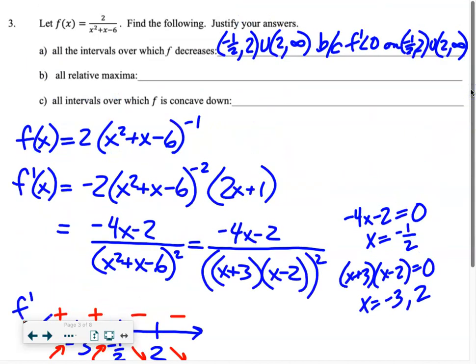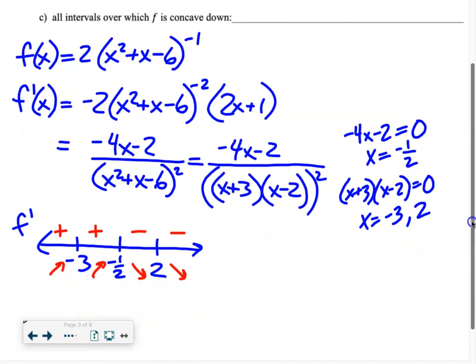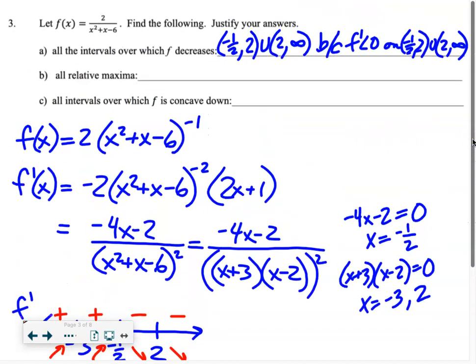All right, relative max. So the only relative max occurs at x equals -1/2. Hey, a relative max is a what? How do we write a relative max? It's an ordered pair. Now, I accepted a y value for this only because I know that WebAssign wants a y value for their relative maxes and mins. So I accepted a y value or an ordered pair, but what I didn't accept was just the x value, right?